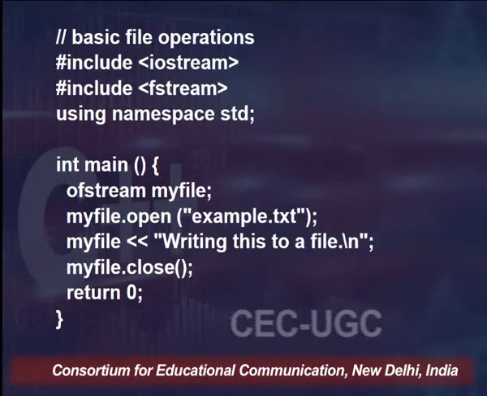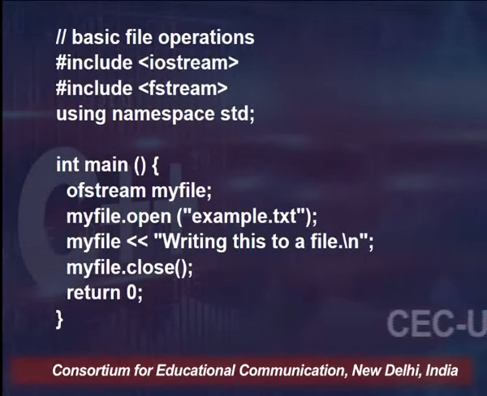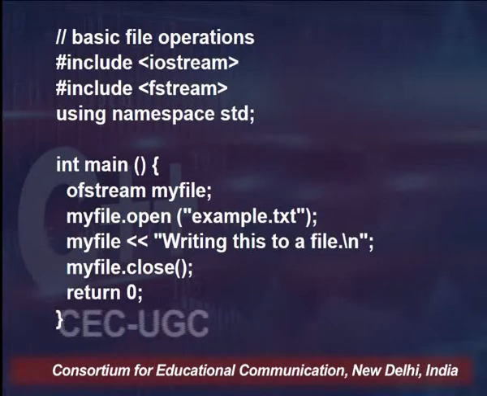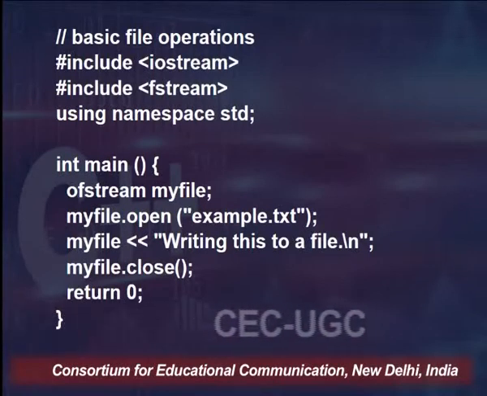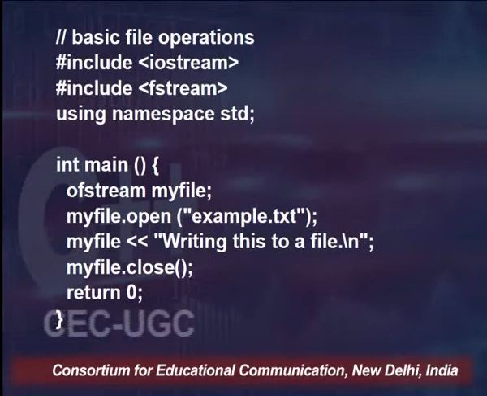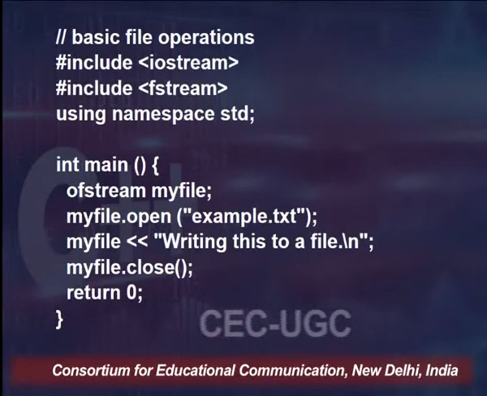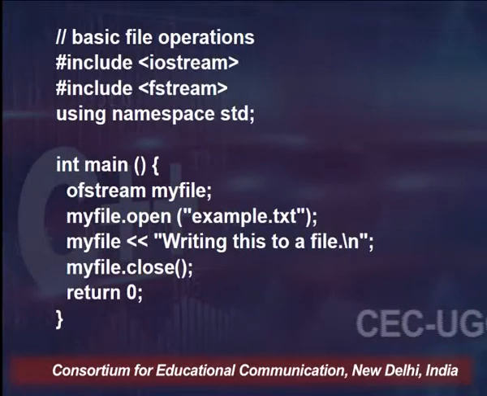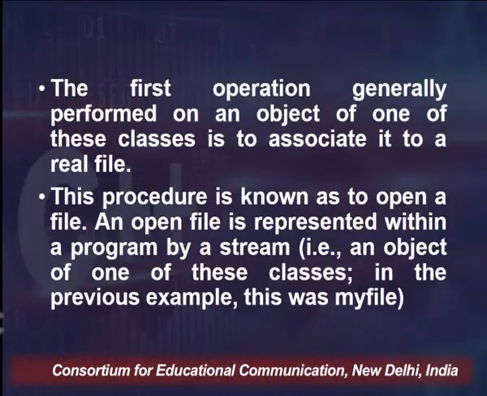In order to verify the output of this program, please check your current working directory, because this example.txt will be in the current working directory only, and when you open this example.txt you are going to have only one line here, which is "writing this to a file".